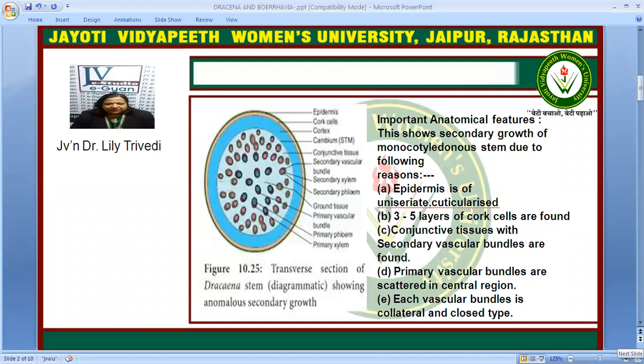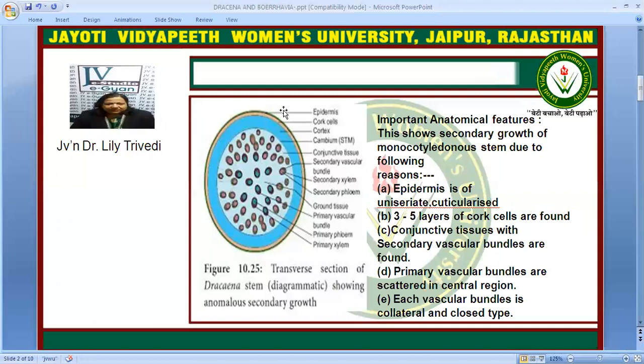Now as you all know, Dracaena is a monocot plant and it shows anomalous secondary growth. So what is the important anatomical feature? The important anatomical feature is that the epidermis is uniseriate and ruptured. 3 to 5 layers of cork cells are found here.